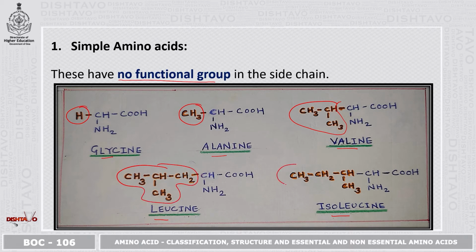So these are all the non-functional groups. This is an amino group, this is a carboxyl group. Same way, amino group, carboxyl group, amino group, carboxyl group. So every amino acid is going to have an amino group and a carboxyl group, but in the case of simple amino acid, what happens is that no functional group is attached onto the carbon.